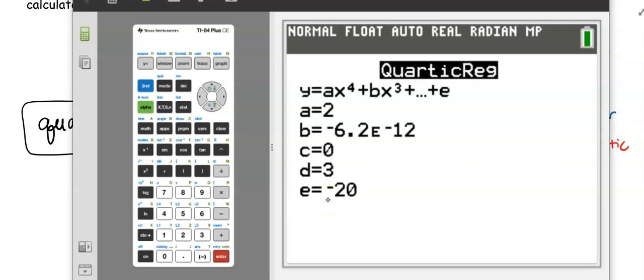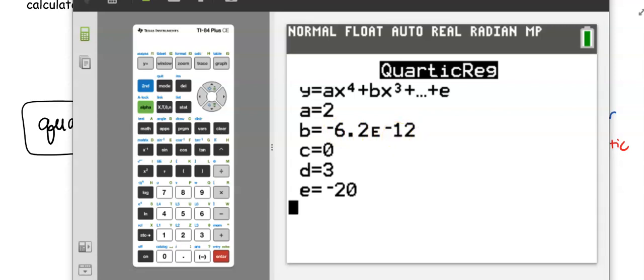Now we have to be smarter than our calculator. Anything with the e negative means 0. If you use negative 6.2, it's going to be marked wrong because you're giving it a value when there is no value. This means 0.